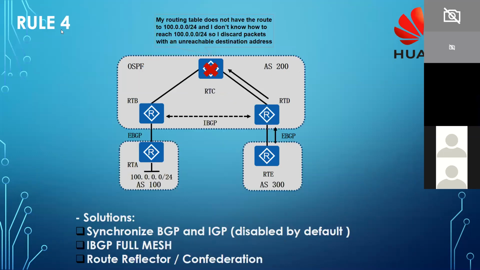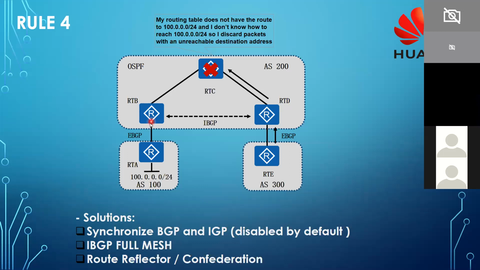So the rule 4. Here RTA in the IS 100 wants to advertise this prefix. So RTB will receive the prefix.